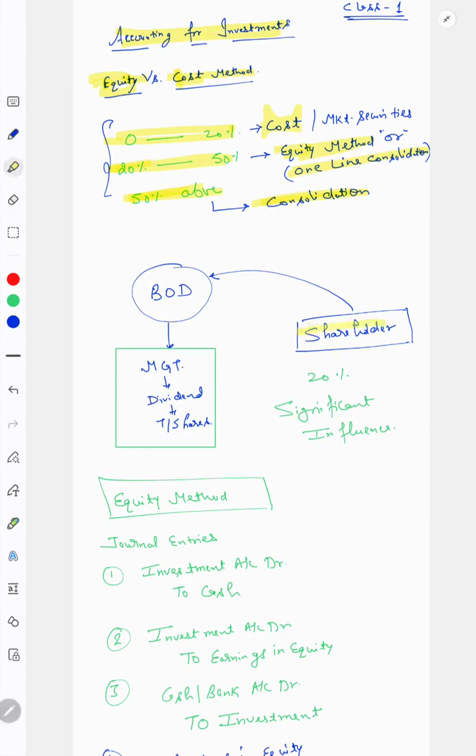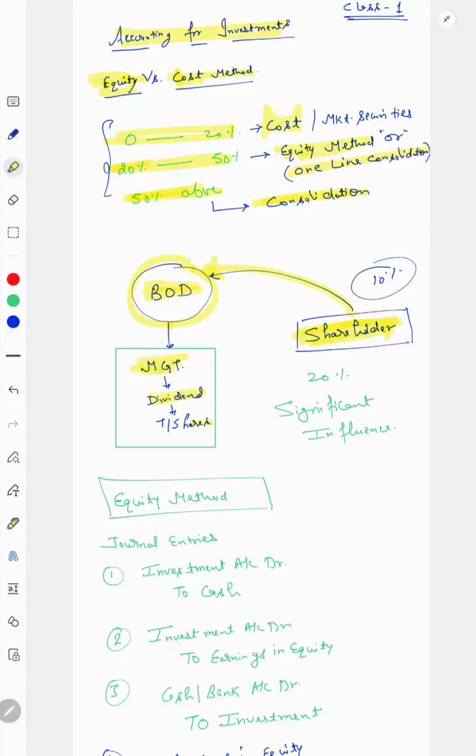Suppose you are a shareholder of a company, say Microsoft, and you own 10% of the shares. The board of directors of the company appoints the management who runs the company, and they declare a dividend.